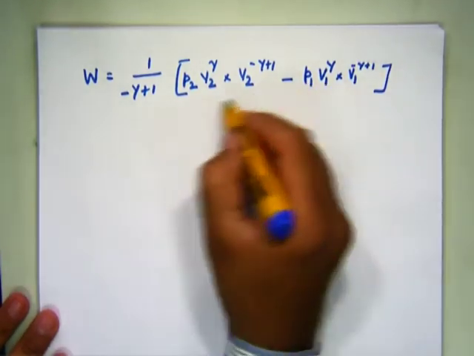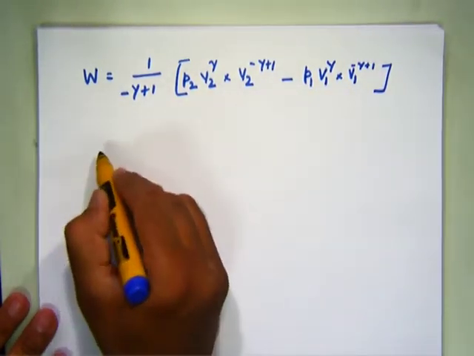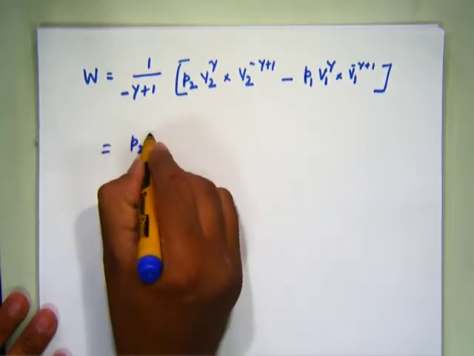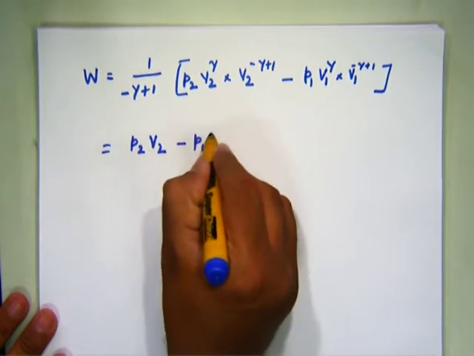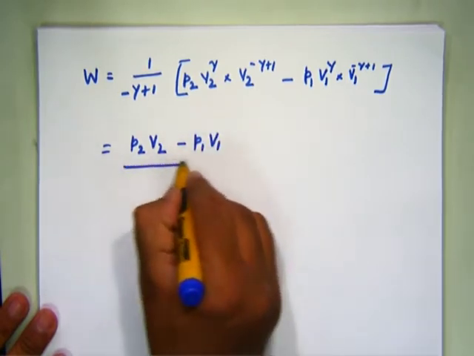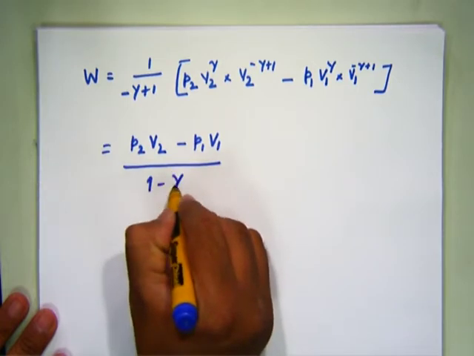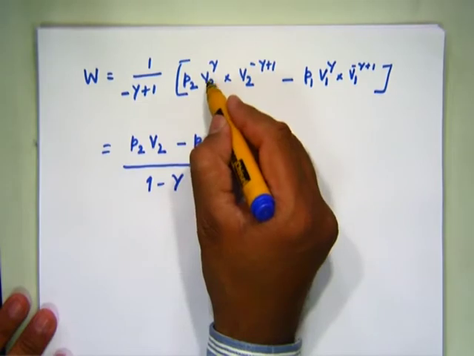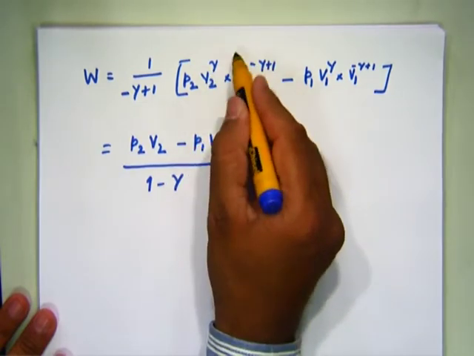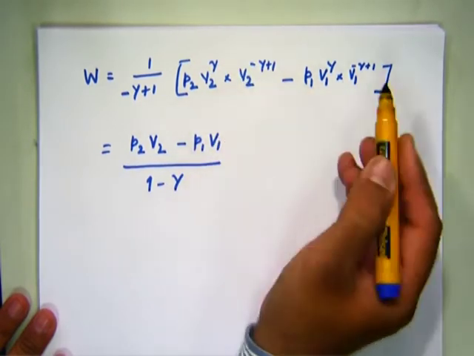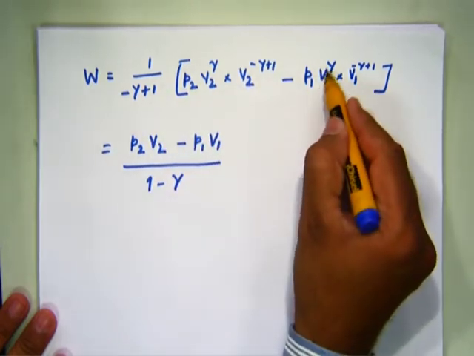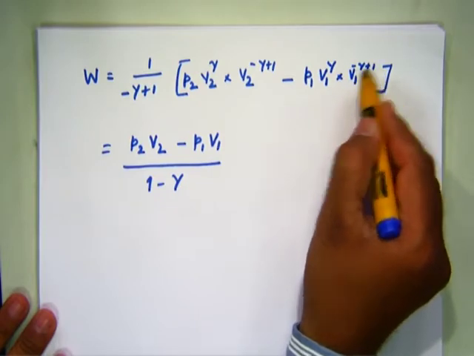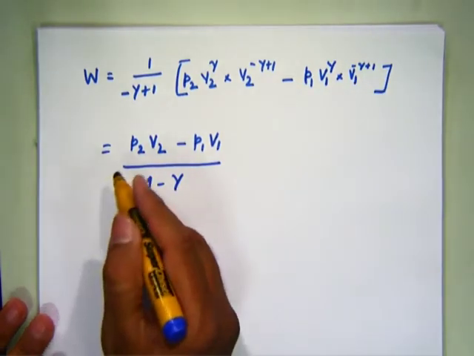So simplifying this you will get P2 V2 minus P1 V1 upon 1 minus gamma, because V2 raised to gamma and V2 raised to minus gamma will be cancelled out, left out only V2, so P2 into V2. Same way V1 raised to gamma, V1 raised to minus gamma will be cancelled out, left out only V1, so P1 V1.